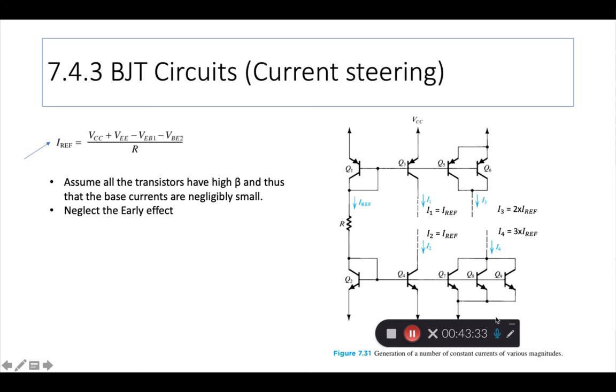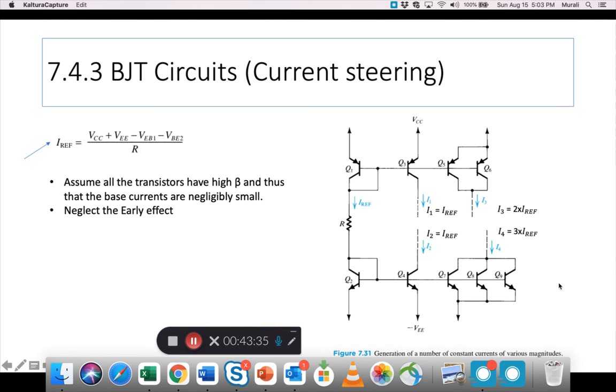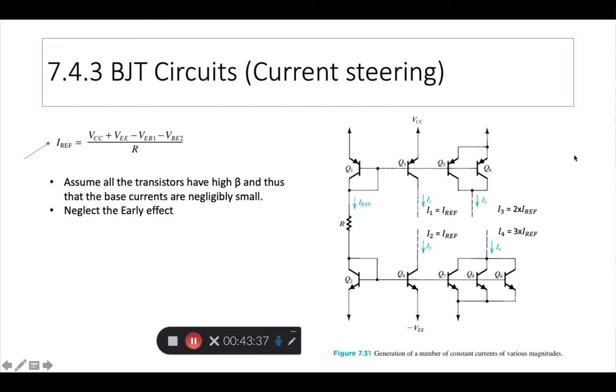So this is the more challenging and interesting aspect of BJT circuits. So if you have a dual supply situation where we have a plus VCC and a minus VEE for emitters, then the I reference calculation has to include both, right?